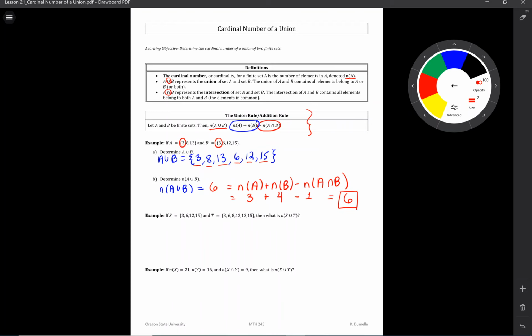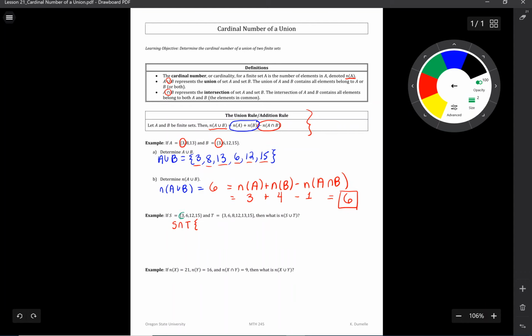Let's do a couple more examples. I have sets T and S here, and I want to know the number of elements in S union T. Let's first determine what S intersect T looks like. These are all of the elements that S and T have in common.